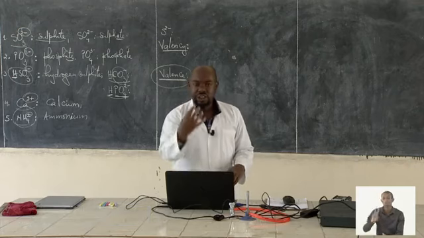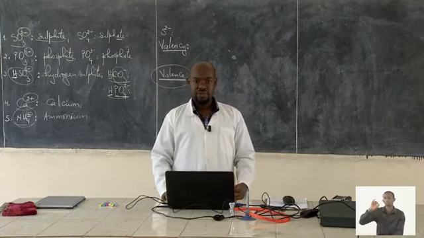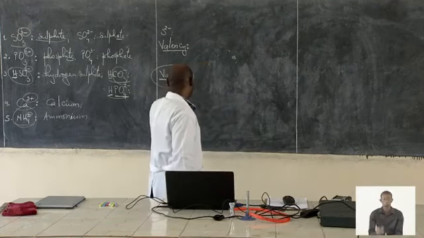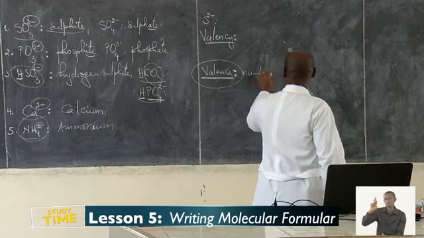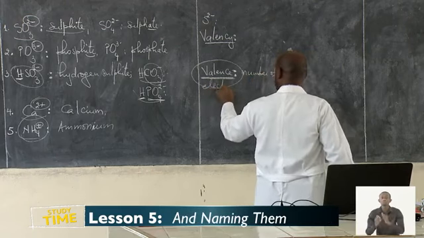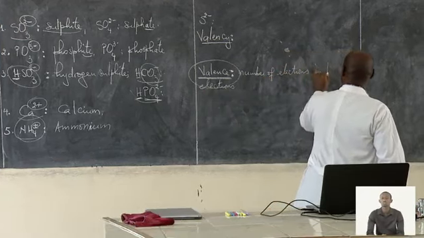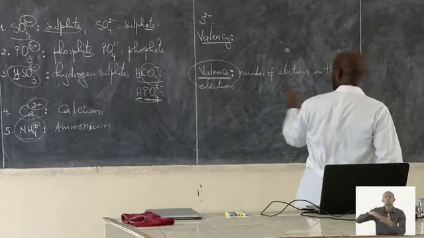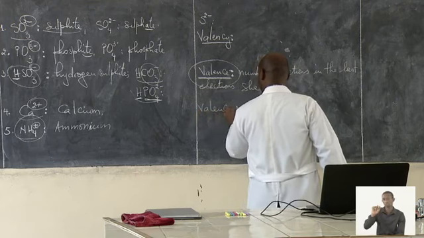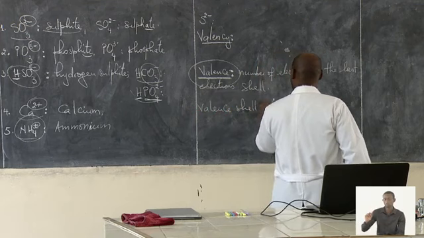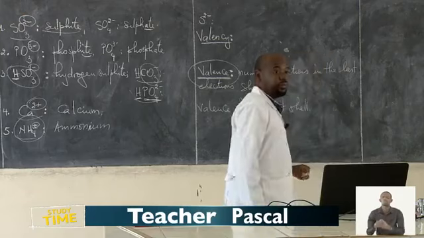And valence shell means the last electronic shell, going out further from the nucleus.